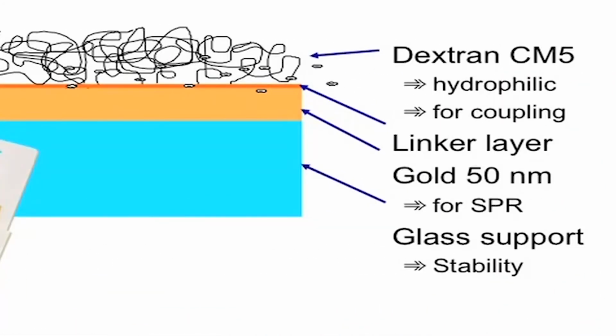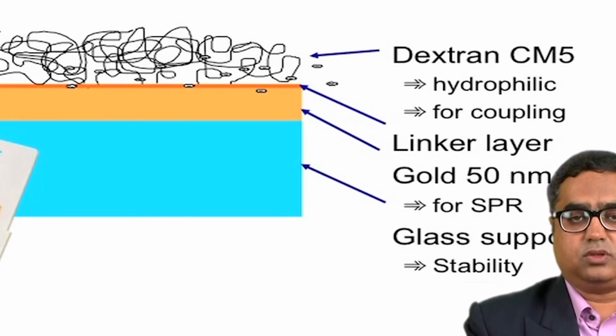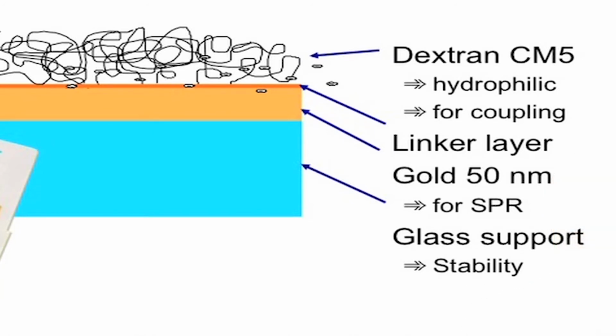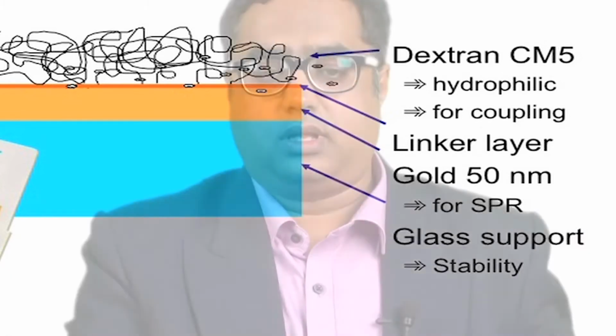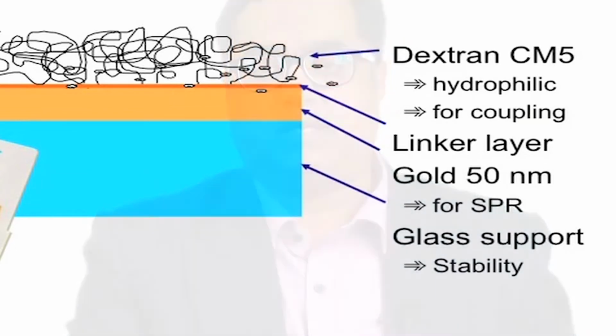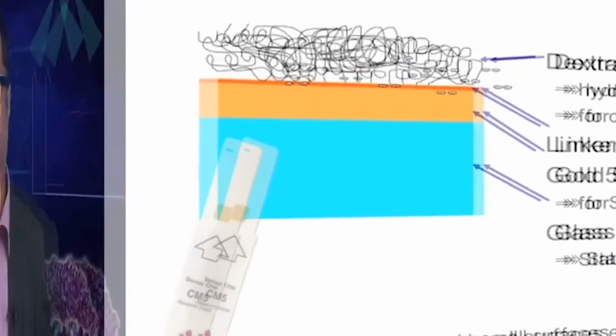If you look at a particular gold surface on a chip, it contains a layer of dextran, and that dextran supports the interaction or immobilization of your ligand on the chip. The dextran is glued to the gold, and the gold is present in the form of a cassette, and that cassette entirely is called a chip.